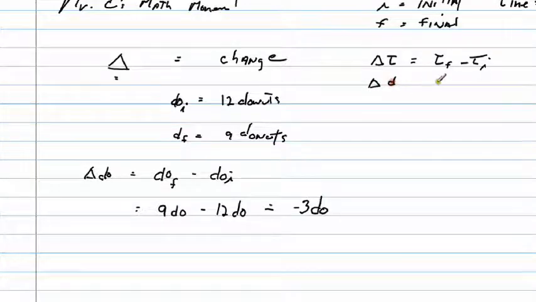Change in d, where d is equal to distance. Well, a change in distance would be equal to d final minus d initial. How about a change in velocity? v for velocity. Change in v would be equal to v final minus v initial.